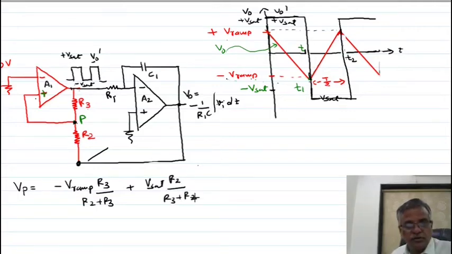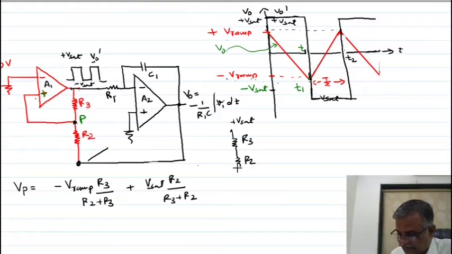See, already you know how to use the superposition principle. Just for your knowledge, I am again writing it, R3 and R2. When plus Vset is there, then I am taking this as your ground. What is the voltage at P? At P I can write it is Vset into R2 upon R1 plus R2.